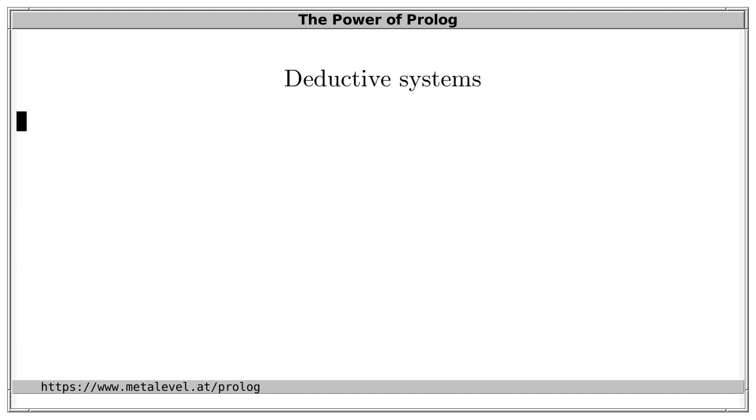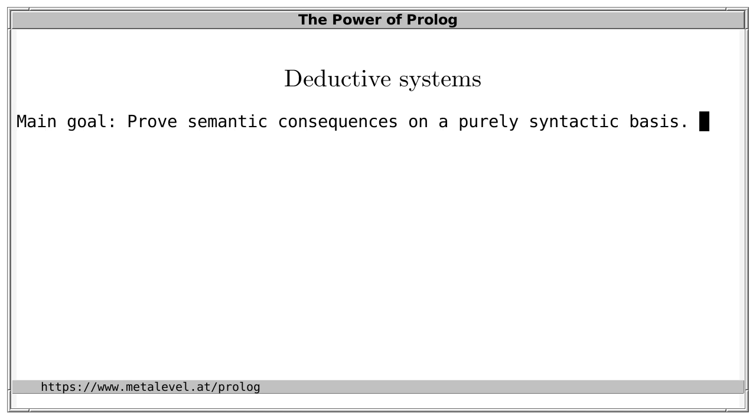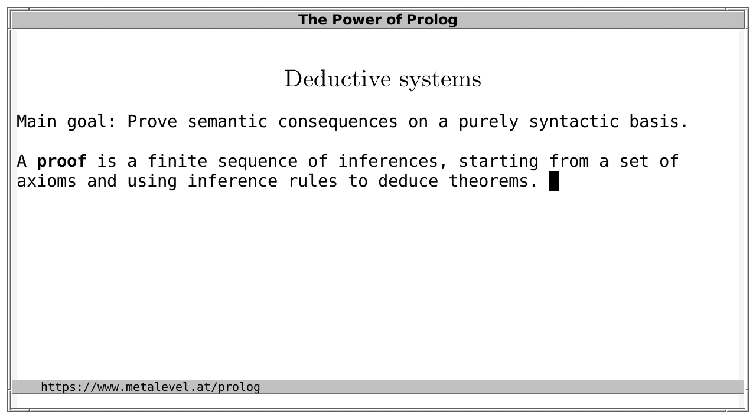And this is where deductive systems, also called proof systems, come in handy. The main goal of a deductive system is to prove semantic consequences on a purely syntactic basis. So we want to arrive at semantic consequences only by symbolic reasoning, without having to consider all interpretations, or in fact any interpretation. And a proof is a finite sequence of inferences, starting from a set of axioms and using inference rules to obtain theorems.